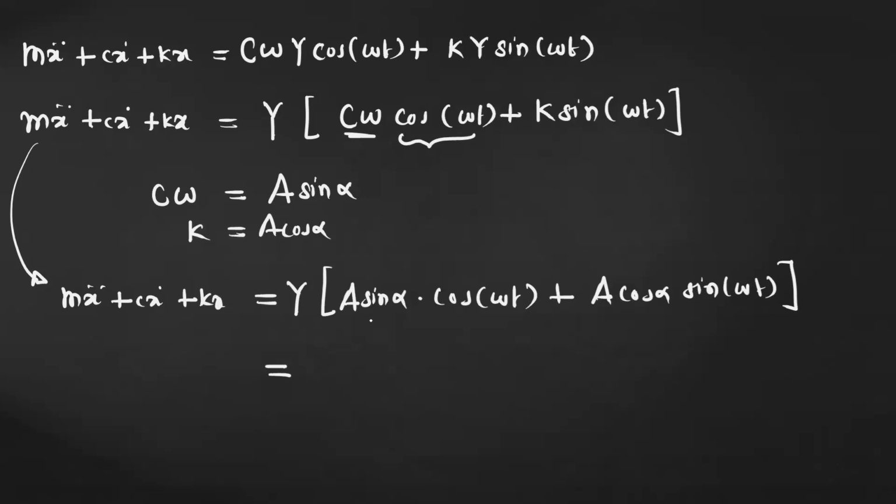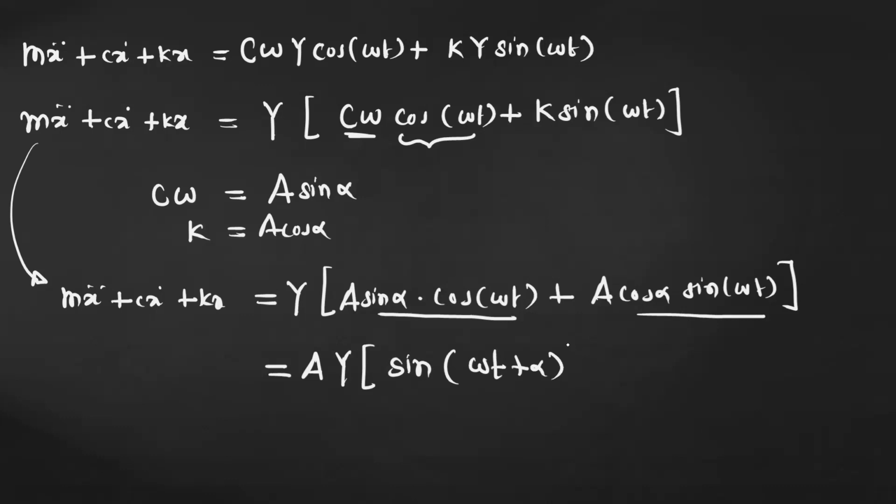Okay, so you can take A common into Y. Now in the bracket, we will have sin alpha cos omega t and cos alpha sin omega t. So this is the expansion of sin(omega t plus alpha). Okay, so this is the complete equation, that is the equation of motion for the motion transmissibility.